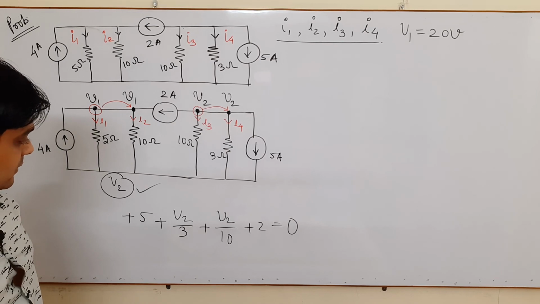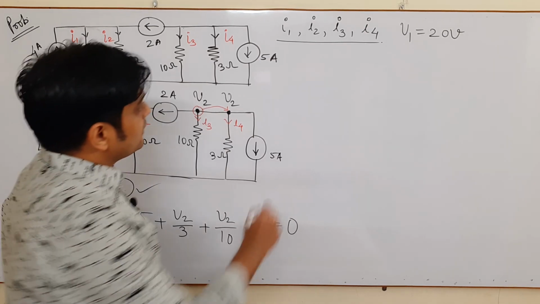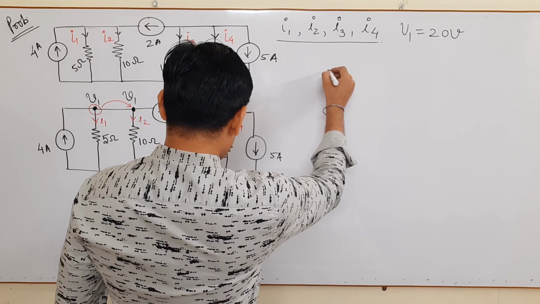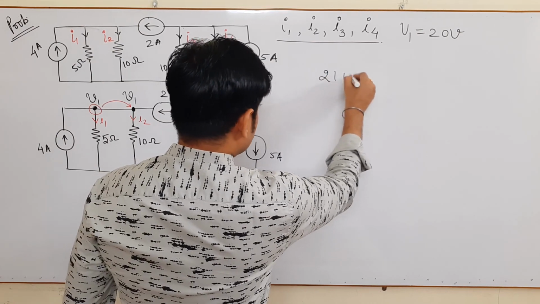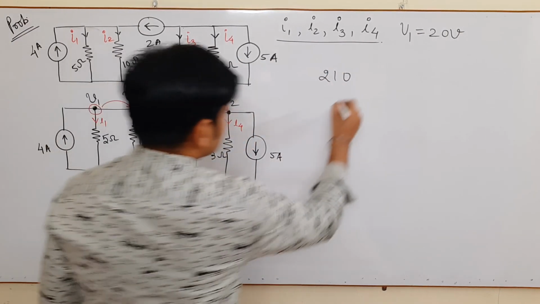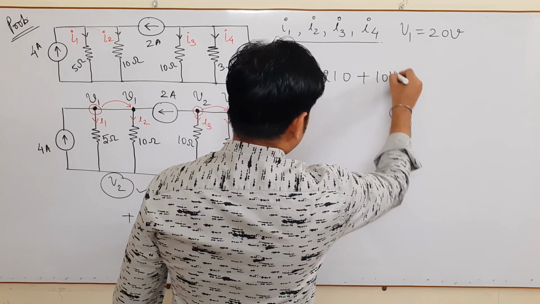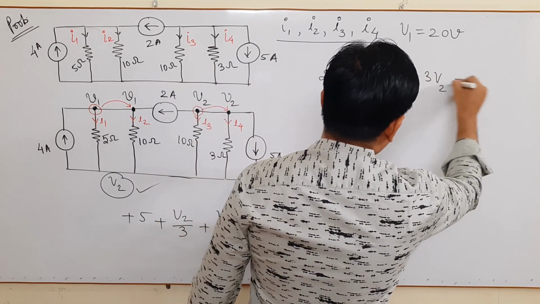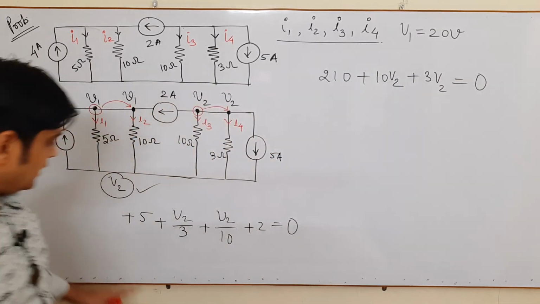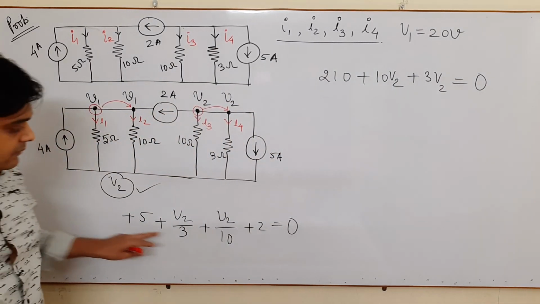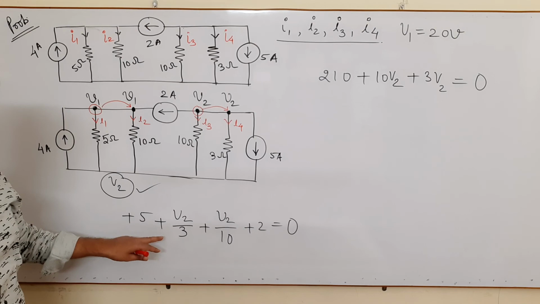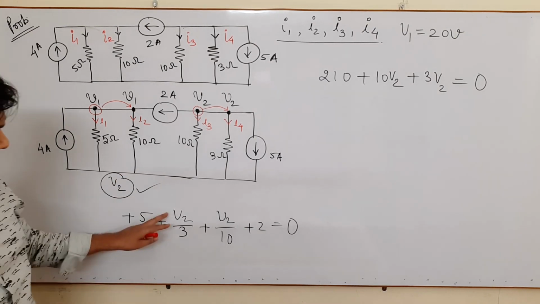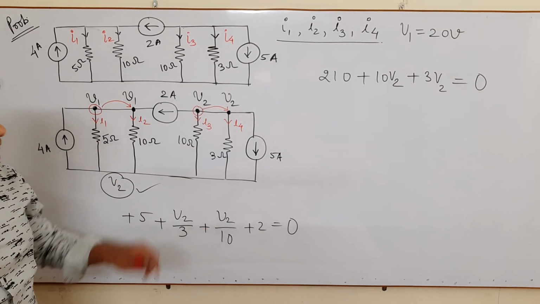So that comes to be 5 plus 2 is 7, 7 3 is 21, so it is 210 plus 10 V2 plus 3 V2, that is equal to 0. I have just multiplied by 30.